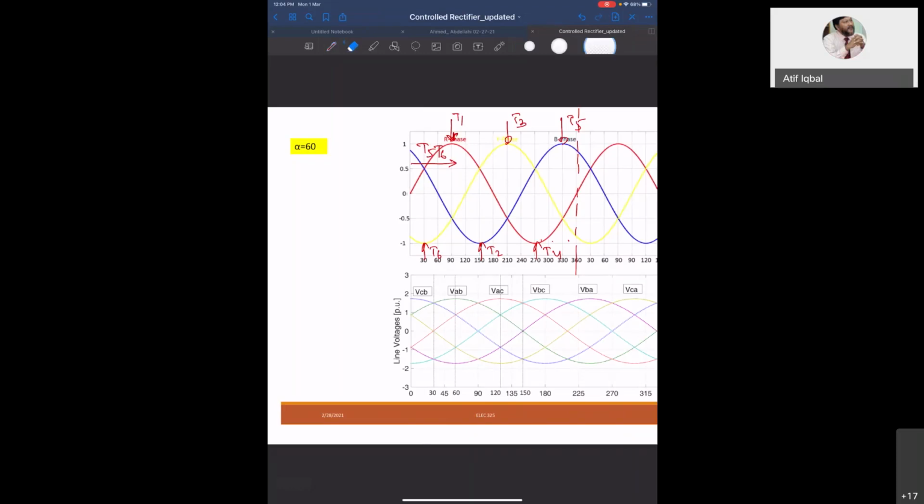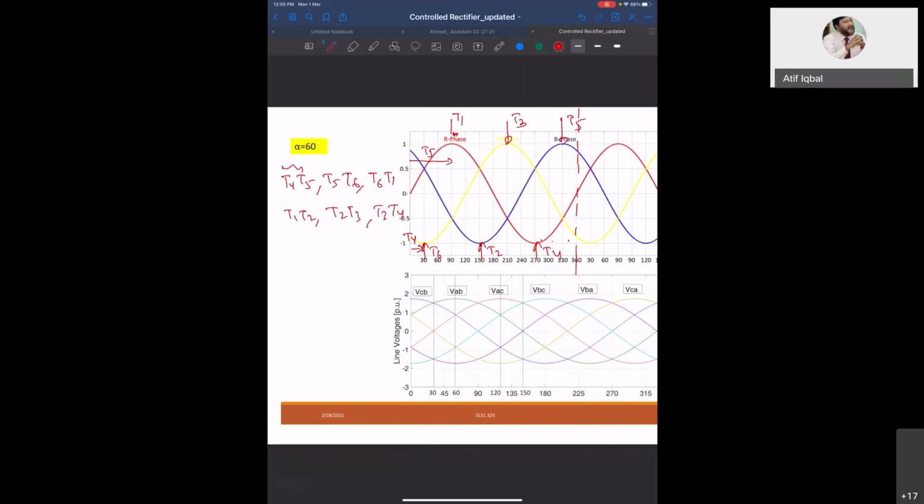Here is T4. T5 from here to here. But first here you will have T4, and then you will have T5. So first you will have T4, T5. Then T5, T6. Then T6, T1. And then T1, T2. Then T2, T3. And then T3, T4.